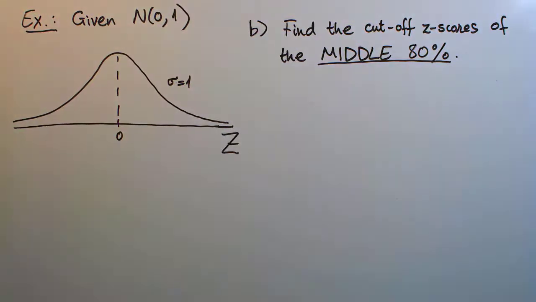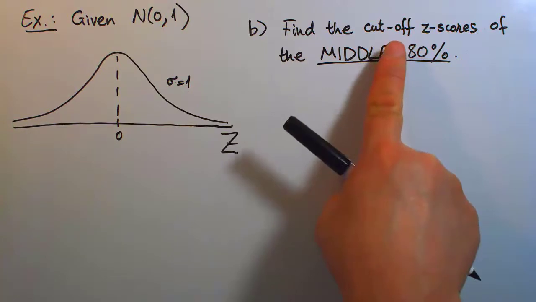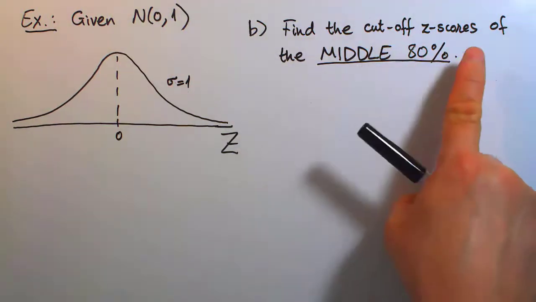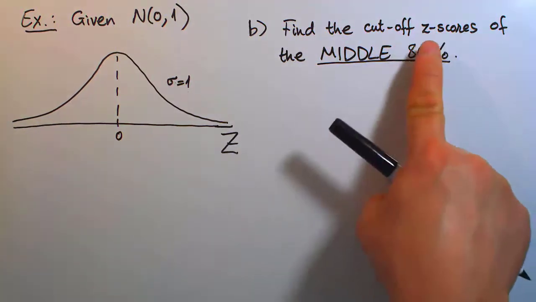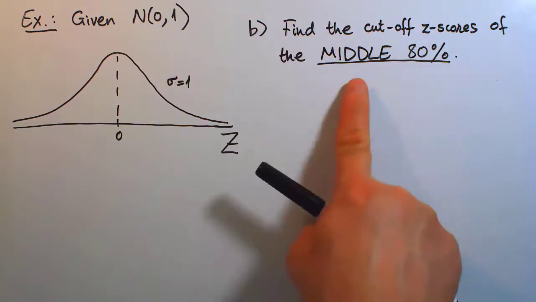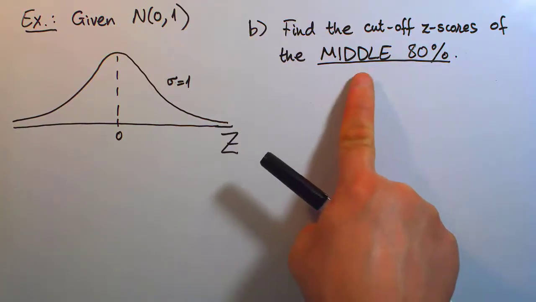All right. And so we're still looking for cutoff z-scores. But notice this time I'm using the plural for z-score. It's cutoff z-scores. And here my description of the area is a middle 80%.